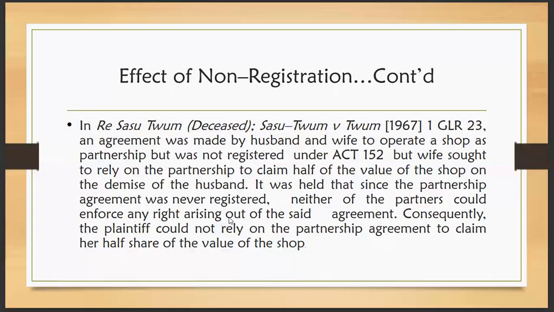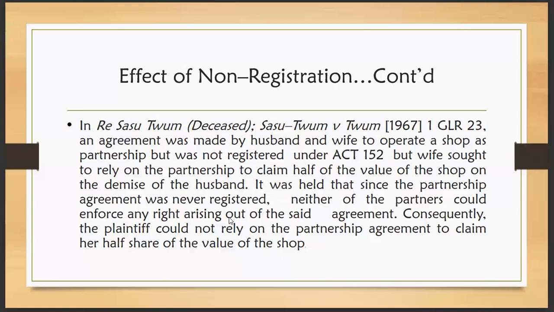And the court held that since the partnership agreement was never registered, neither of the partners could enforce any right arising out of the said agreement. So the plaintiff could not rely on the partnership agreement to claim half of the share of the value of the shop.